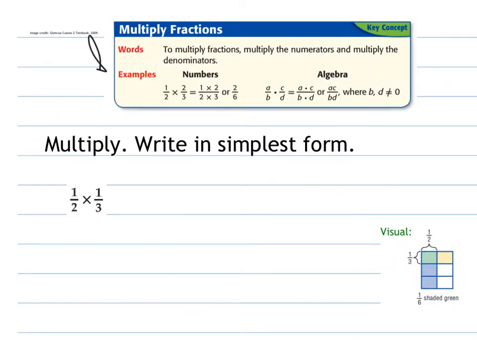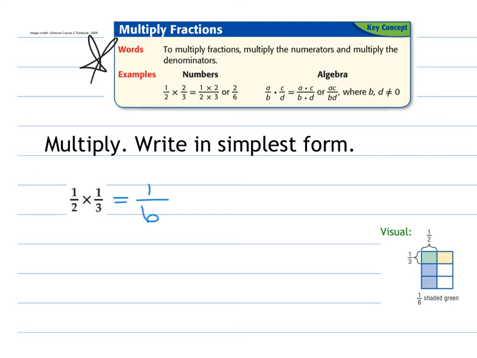Okay, so in this box is what it just told us on that last page with our steps. Multiply numerators and then multiply the denominators in order to multiply fractions. So if we have 1/2 times 1/3, we multiply the ones. 1 times 1 is 1. And then we multiply the denominators. 2 times 3 is 6.